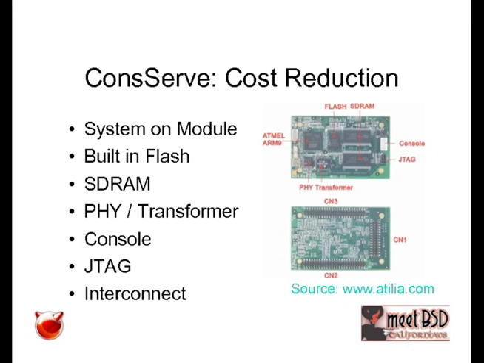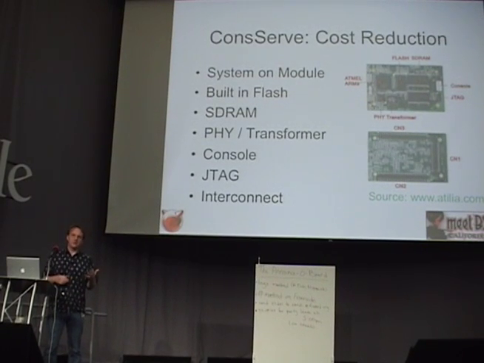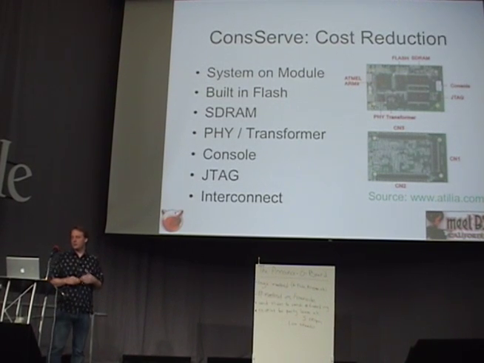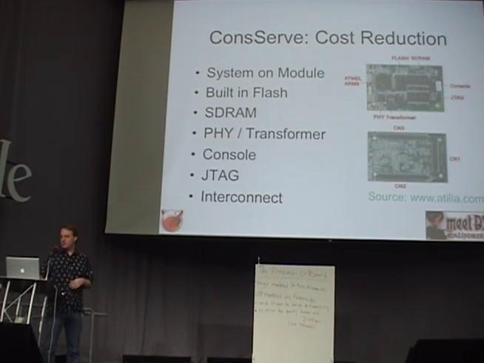And the system on module not only brings out all the USB and Ethernet, it also brings out all the serial ports that this chip has. There's like 5 different serial ports that are supported with this chip. It brings out all the GPIO lines and so forth.